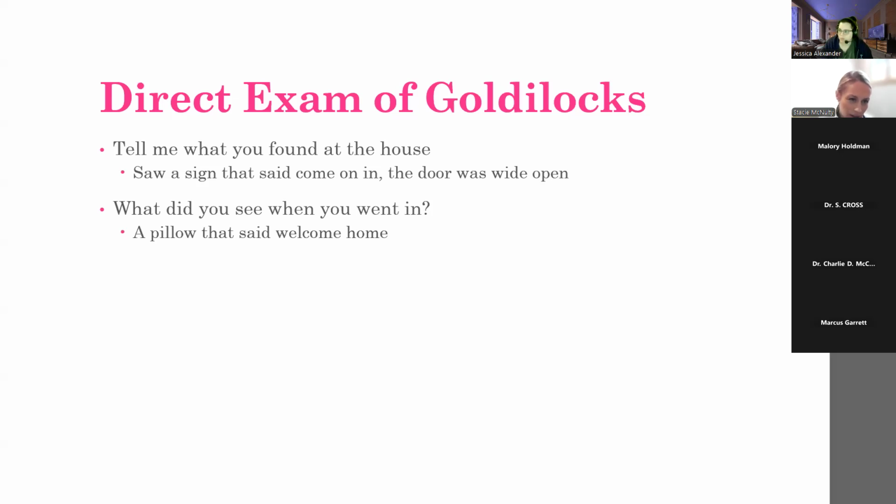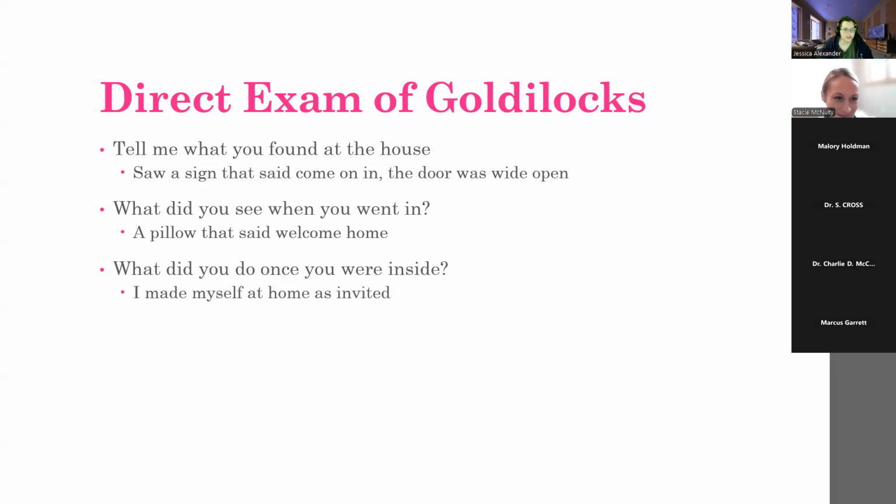Well, a pillow that said, welcome home. What did you do once you were inside? I made myself at home as I was invited to do. And how many people were inside the house? Nobody. I had no reason to believe that other people were there, that I was interfering with anybody else's ability to be there.